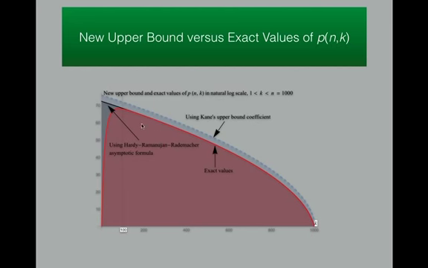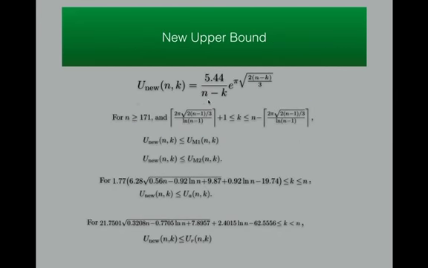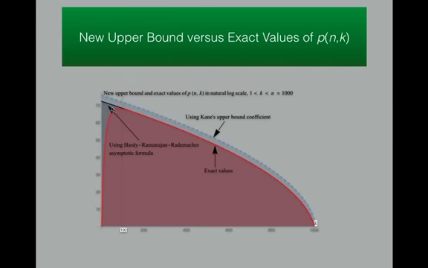and K. And the other curve is a proper upper bound because we use in this case the upper bound coefficient in Keynes' work, and that gives us, by way of this new result that I mentioned here, a proper upper bound. Both of these curves, as you can see, track the exact values, of course the asymptotic one more closely.